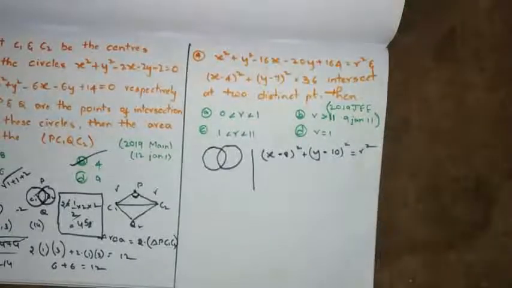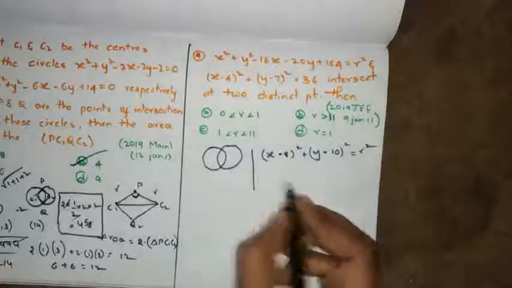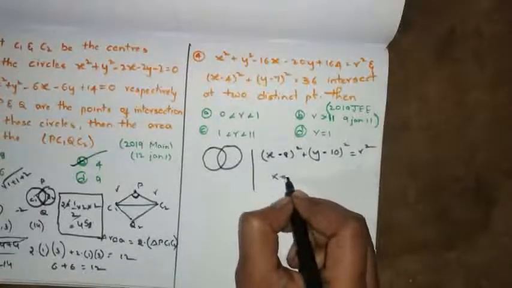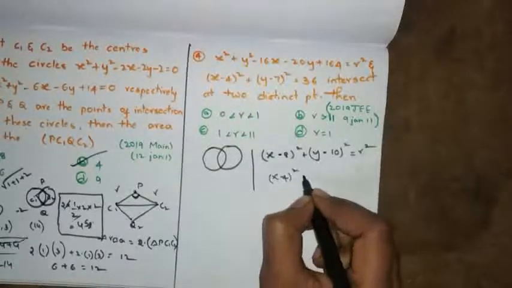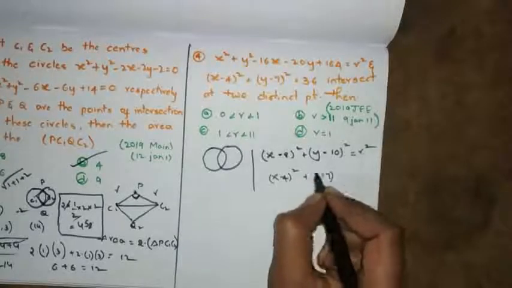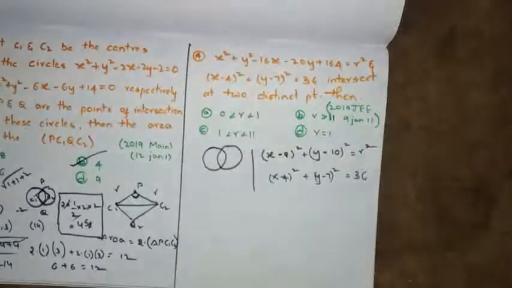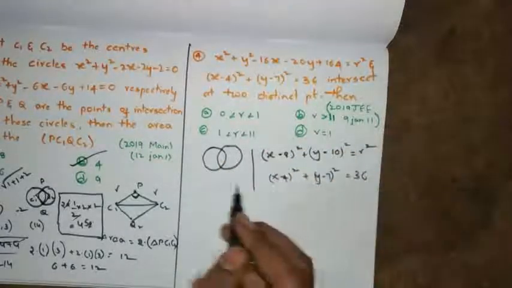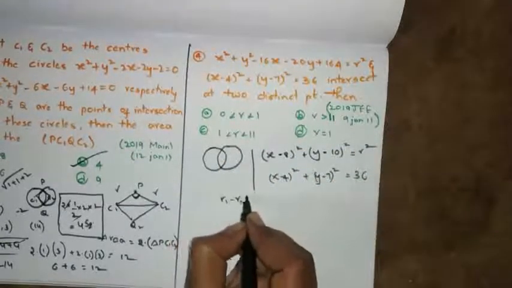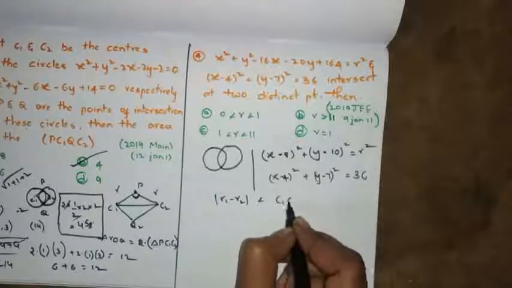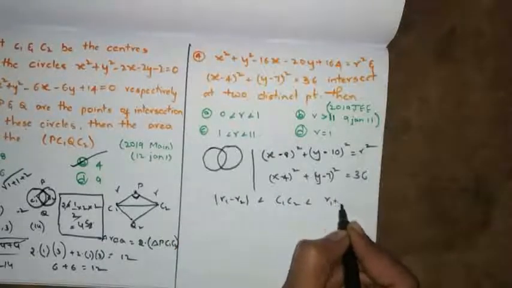Soon I will upload a video on that also. No need to worry. X minus 4 whole square is the second equation of circle. Okay. These two intersect at two distinct points means R1 minus R2 is less than C1 C2 is less than R1 plus R2. Okay.